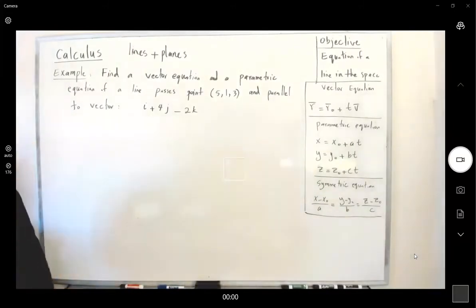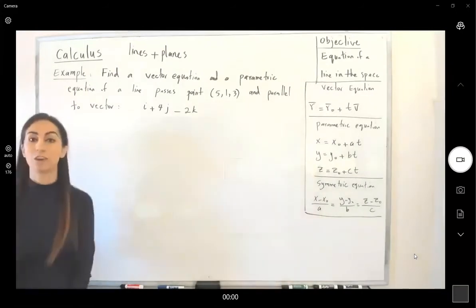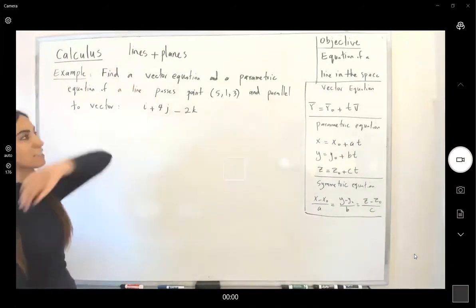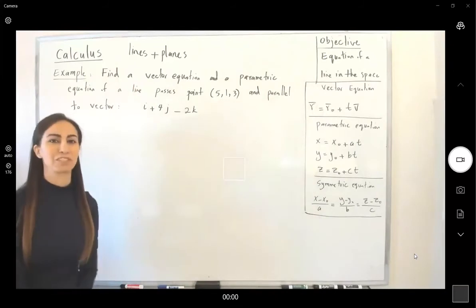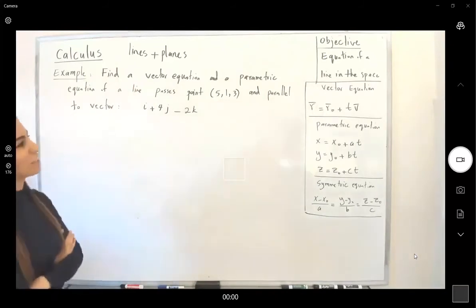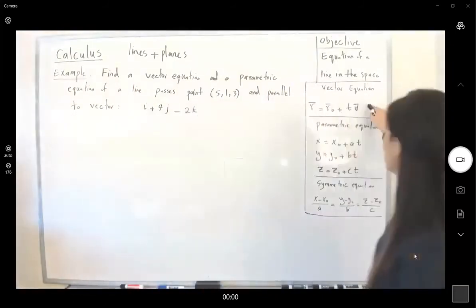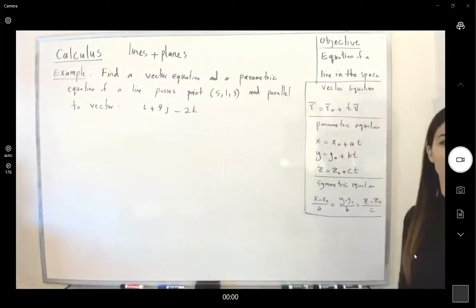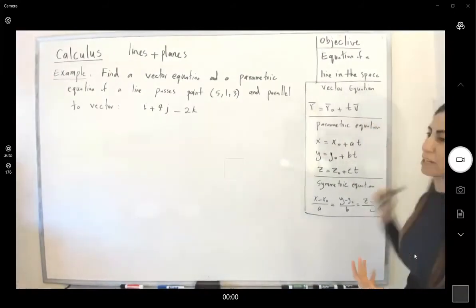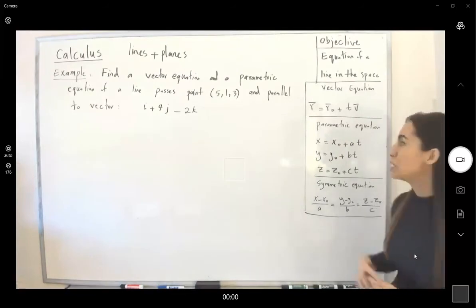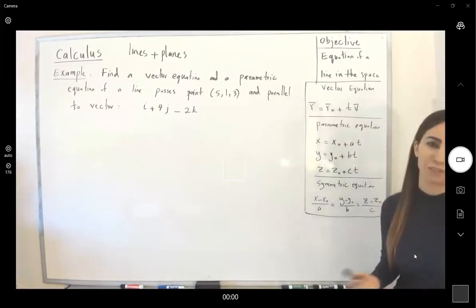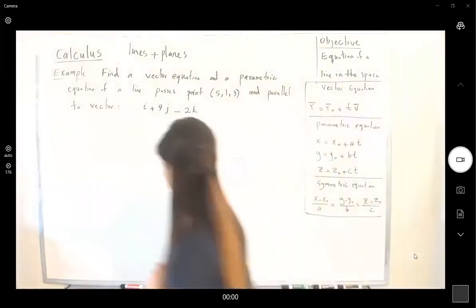Okay. Our goal is to find a vector equation and a parametric equation. We know that when we write the vector equation for the line, writing the parametric equation is not very hard.